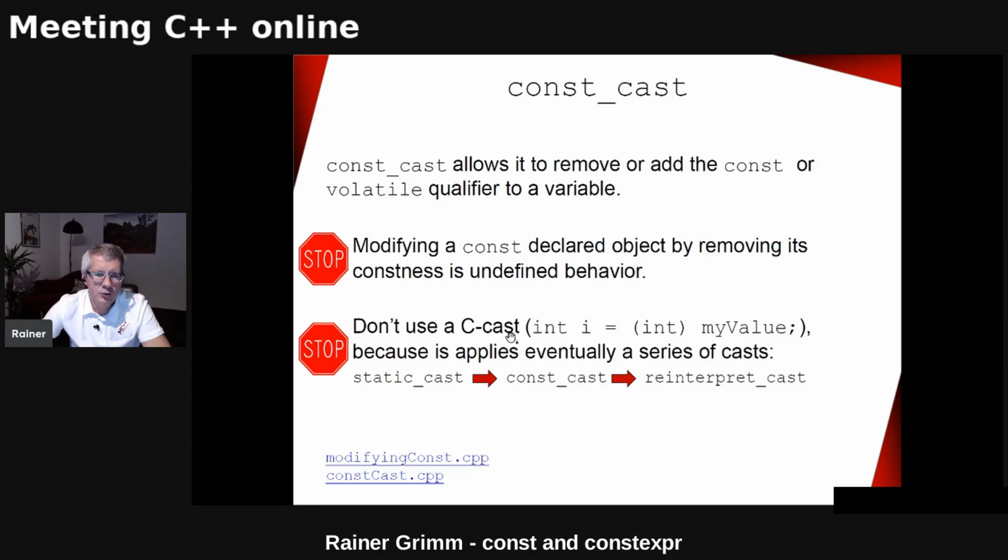Next rule, don't use C-cast, such as this one, because you don't know what's happening under the hood. It starts as a static cast. If this does not work, it continues as a const cast, and at the end, you apply a reinterpret cast. But from reading this expression, you have no idea.